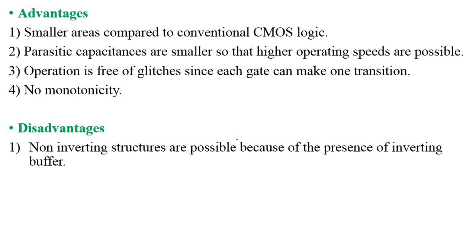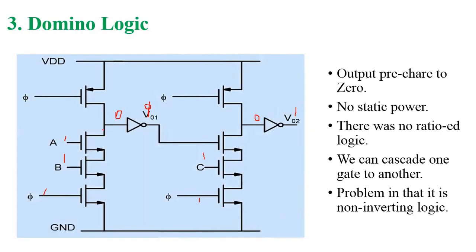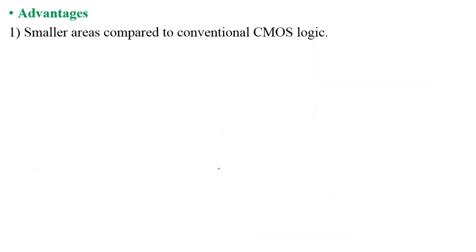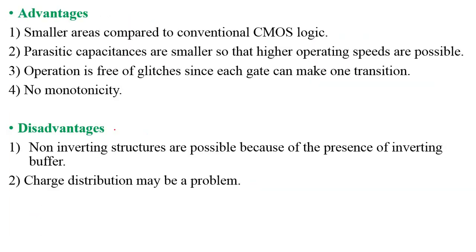Only the non-inverting structure is present in domino logic, and charge distribution may be a problem. That means a number of transistors are present, and each has some capacitance, so depending on the capacitive values, charge distribution may be the problem.